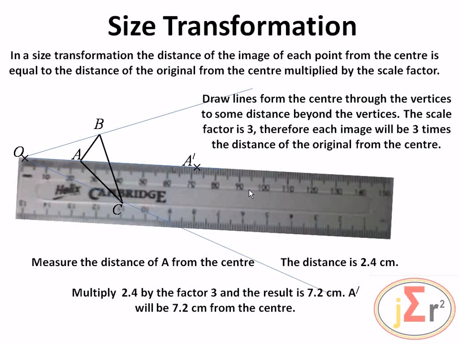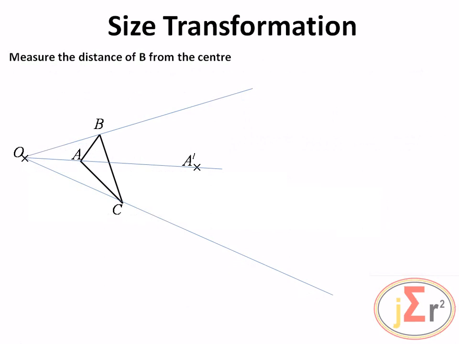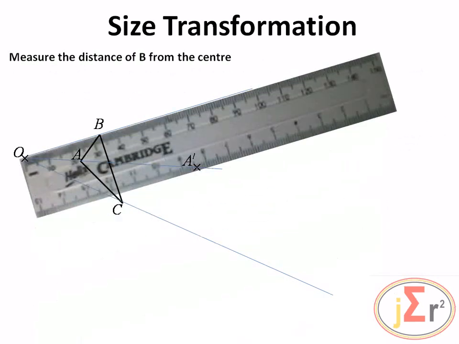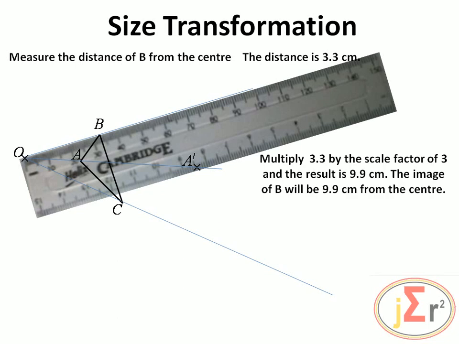And that 7.2 is our location of the image of A, called A prime. We are going to do the same thing with B. So measure the distance of B from the center. The distance is 3.3 centimeters. So multiply the 3.3 by the scale factor of 3, and the result is 9.9. The image of B will be 9.9 centimeters from the center.